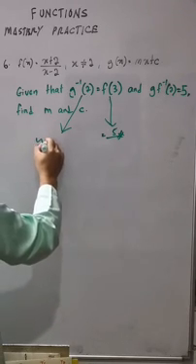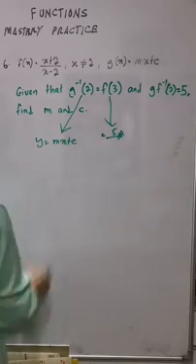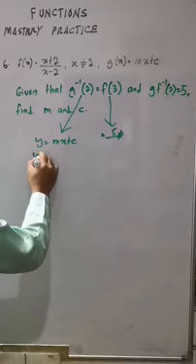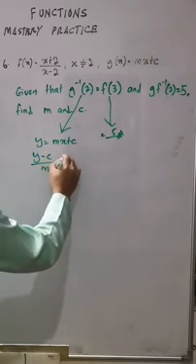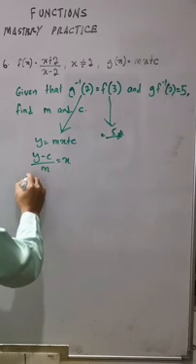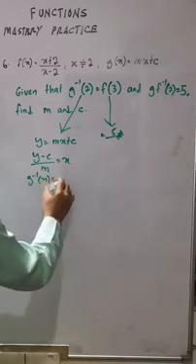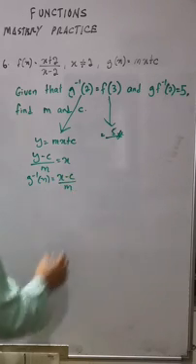I say y equals mx plus c, so I change the subject: (y minus c) over m equals x. So the inverse of g(x) will be (x minus c) over m.